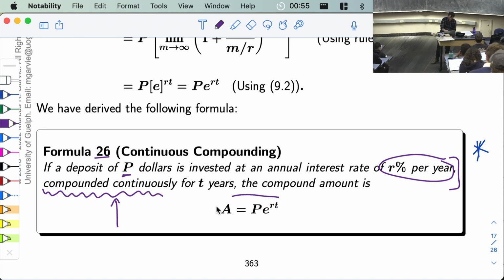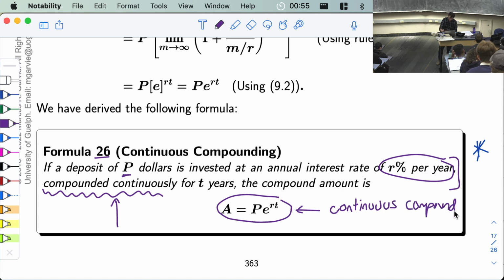And the formula is A equals P e to the RT, right? So this is continuous compound interest. Let me put all the formulas together. The other formulas we had were this one, 1 plus R over M to the power M times T. This was regular compound interest, regular compound with M periods.